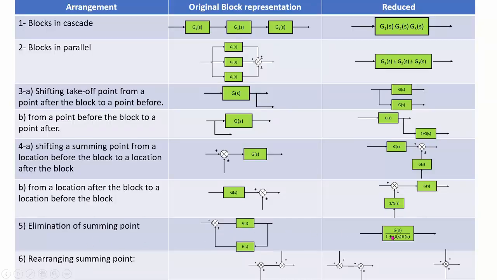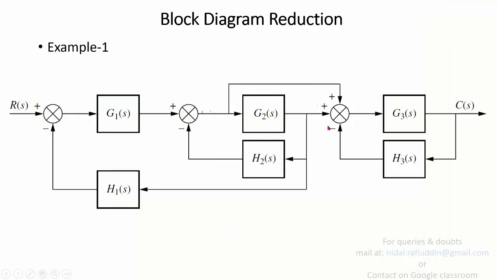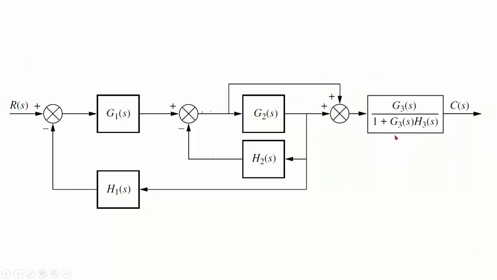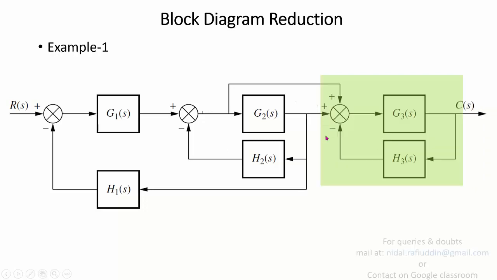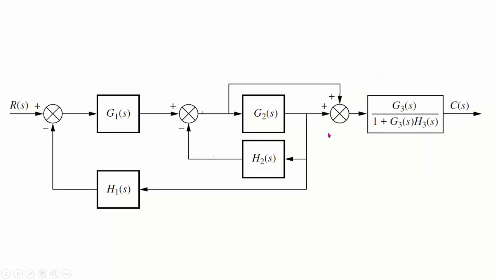If you apply this rule, you get a block representation which is G over 1 plus GH if this is minus. Since we had a minus sign here, we had the feedback path with a minus sign, that is why we are going to take this as a plus sign.